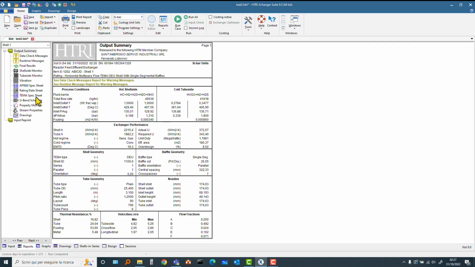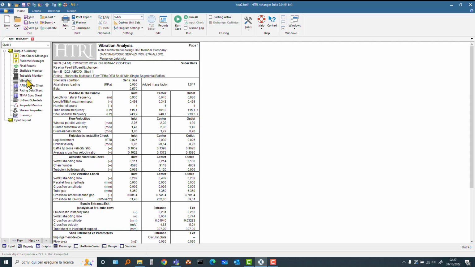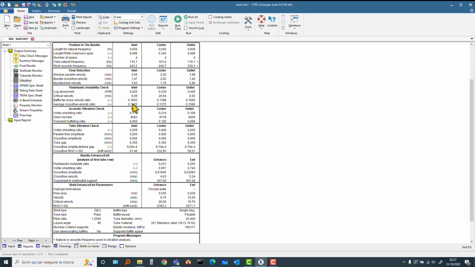Runtime messages, the reports here, okay, tube side monitor, vibration, no problem of vibration.